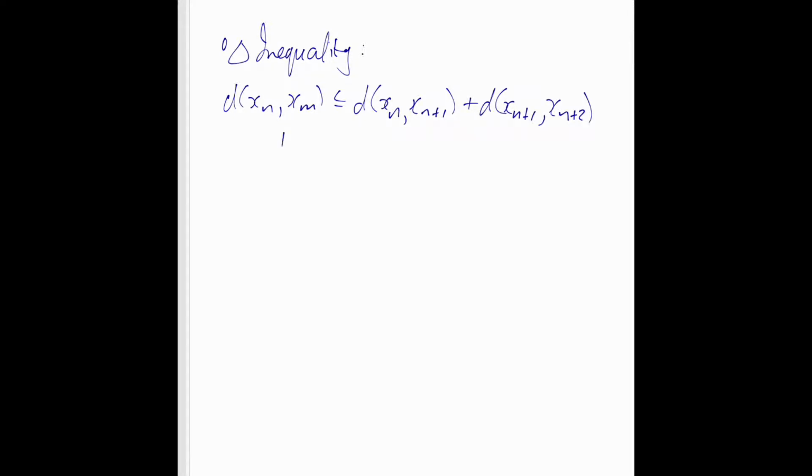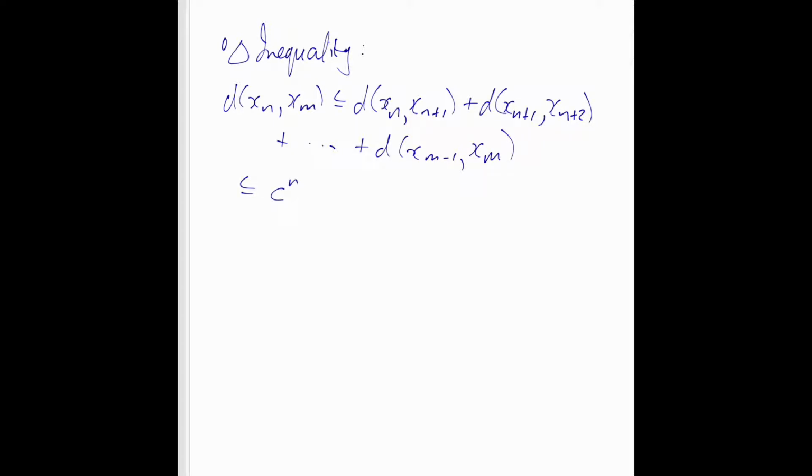So now we use the triangle inequality to show that the sequence of x intervals is Cauchy. We have that the distance between the x_n and x_m term will be less than or equal to the sum of all its subintervals. So distance between x_n, x_(n+1) term, plus the distance between the x_(n+1), x_(n+2) terms, etc., all the way up to the distance between the x_(m-1) and x_m term.